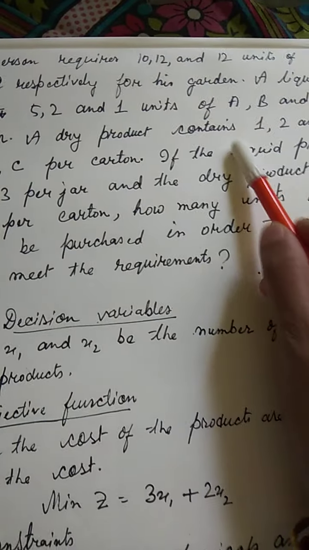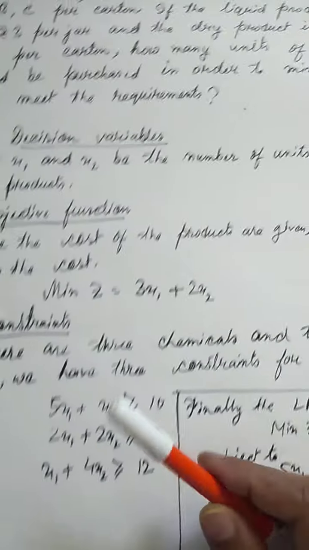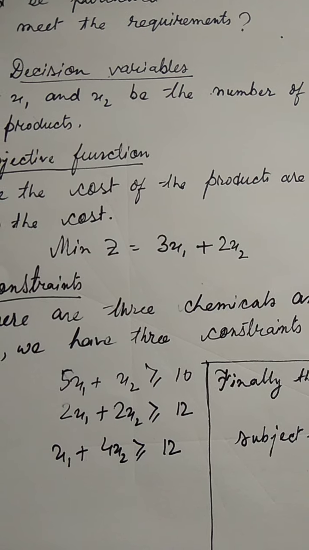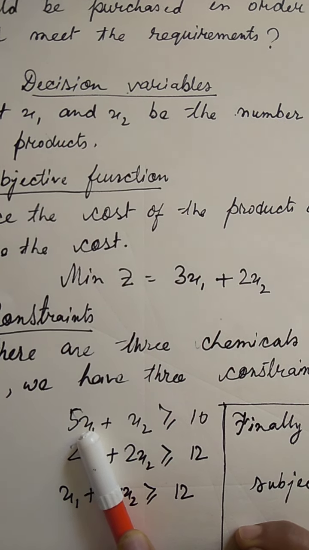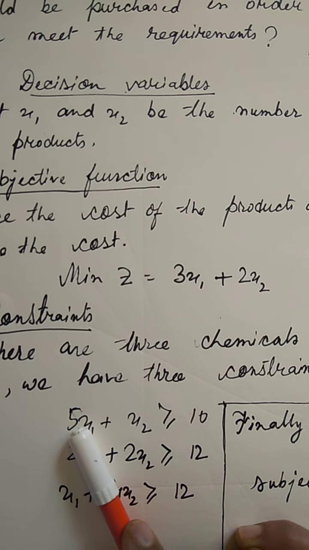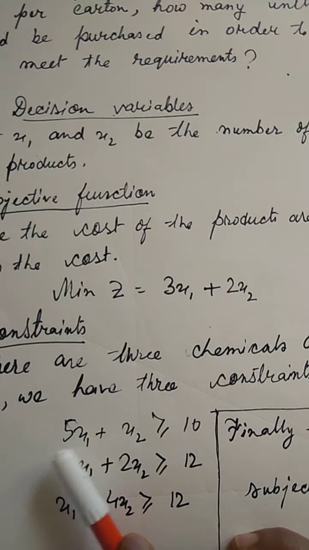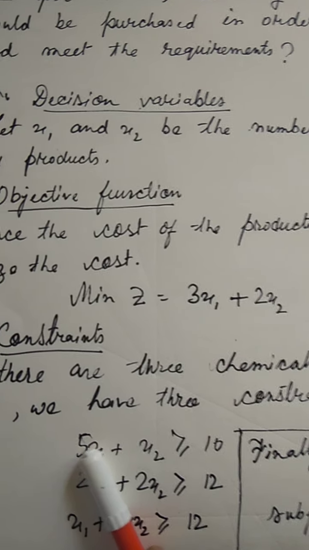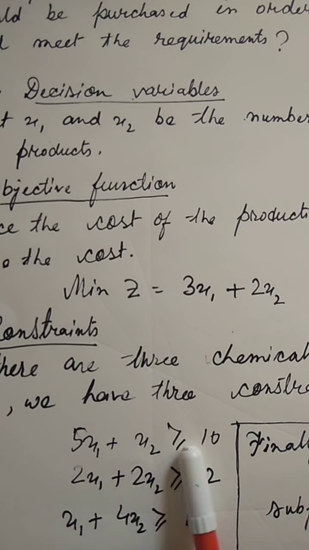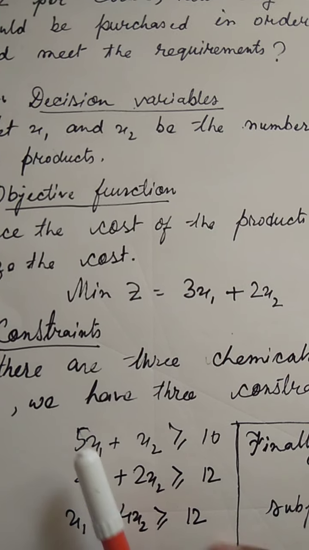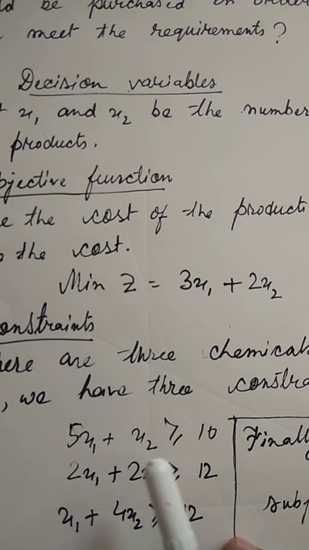It is mentioned that the liquid product contains 5, 2 and 1 units of A, B and C. So, 5 units of the liquid product will be satisfying the number of units of the chemical A. So, if chemical A's requirement was minimum 10 units, then from the liquid product it will accumulate 5 units, and from the dry product it will accumulate 1 unit.